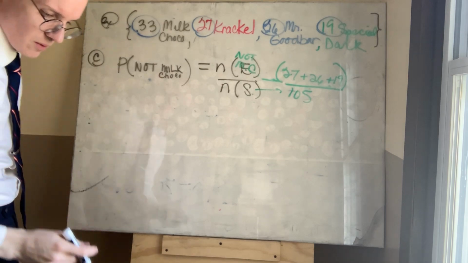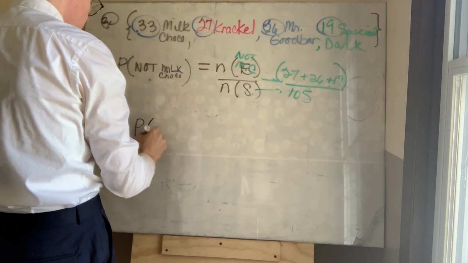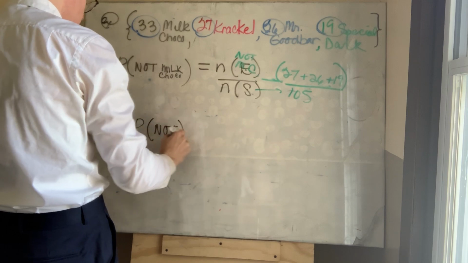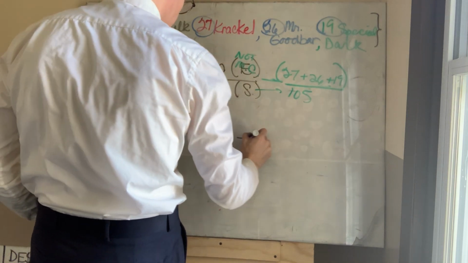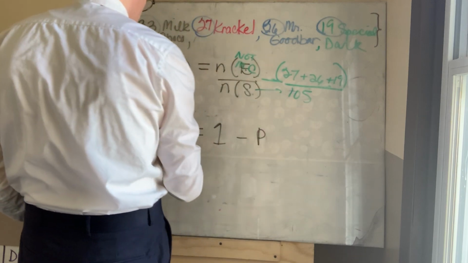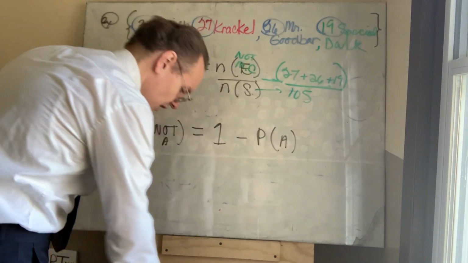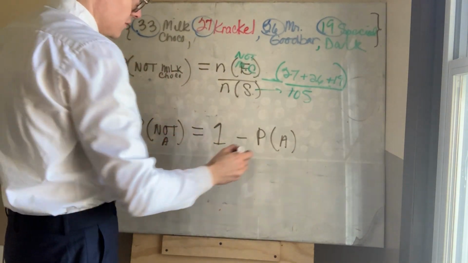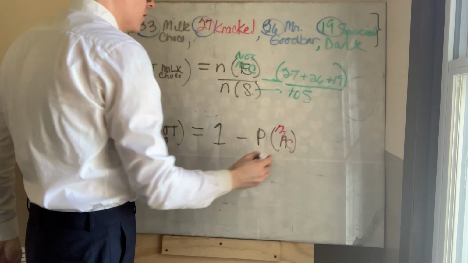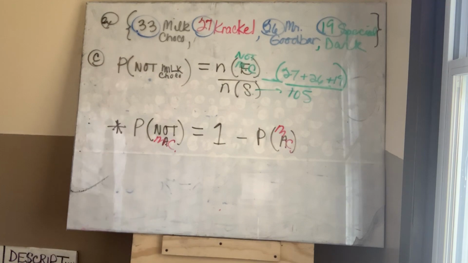And there's this to generalize. Remember, the probability of not A, this is an alternative, is equal to 1 whole minus the probability of A. It's just that A, in this case, is milk chocolate. So the probability of not milk chocolate.